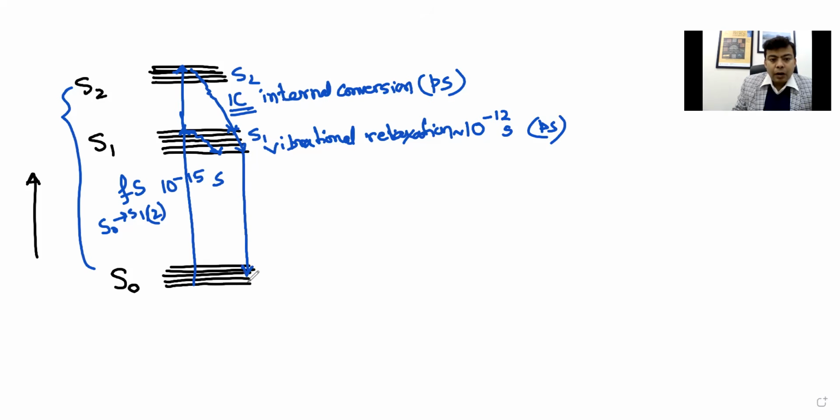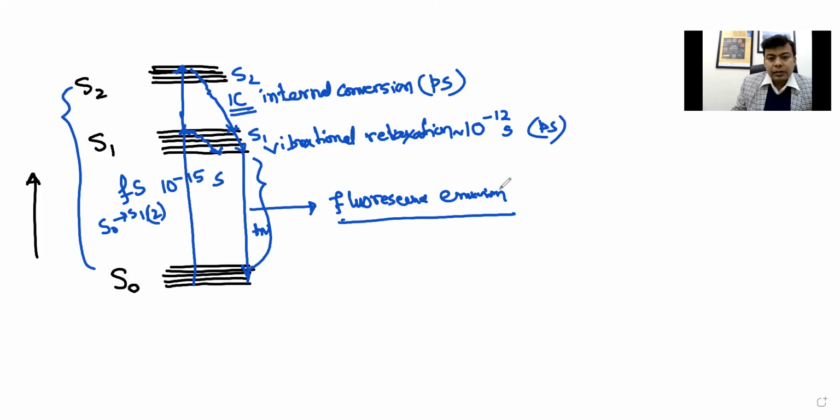And when it comes back to the ground state, it emits a photon of this particular energy, corresponding to this particular energy gap. And this is essentially fluorescence emission. This gives you a photon which is now different in color compared to absorption.